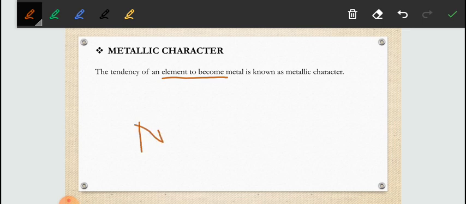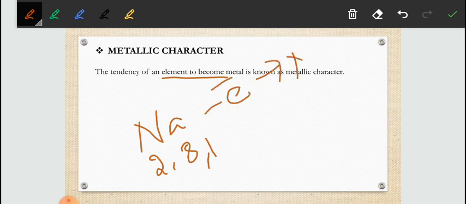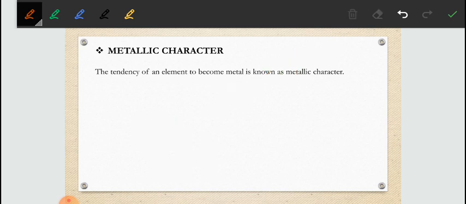For example, sodium, it's 2, 8 and 1 because its atomic number is 11. When it loses an electron, it will become Na positive and it will behave as a metal. So the element which loses electrons more readily, means more easily, will show the greater metallic character.